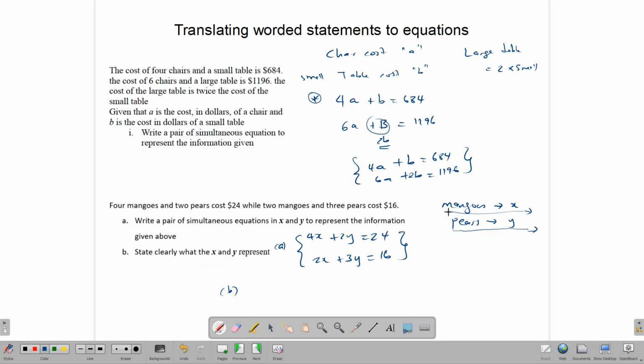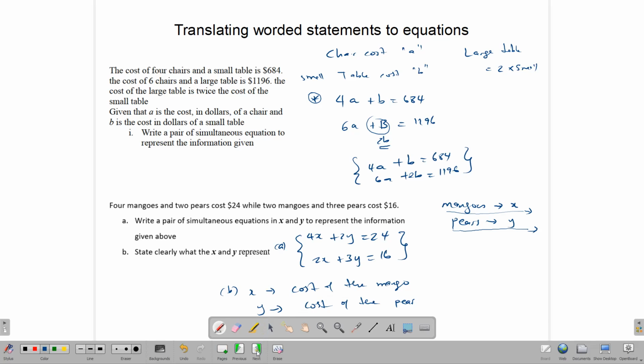X does not represent mangoes and y does not represent pears. X represents the cost of the mangoes and y represents the cost of the pear. So each mango will cost X dollars and each pear will cost Y dollars.